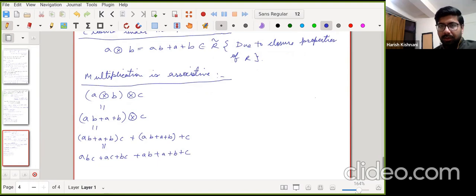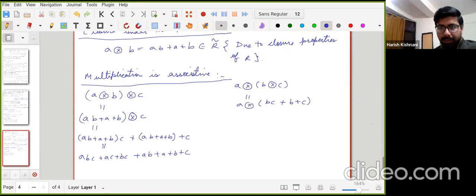Now, on the other side, let's multiply the outcome of the product of B and C with A. So A times the product of B and C. So what is B times C in the new multiplication? This is BC plus B plus C. So now use the definition of multiplication again.